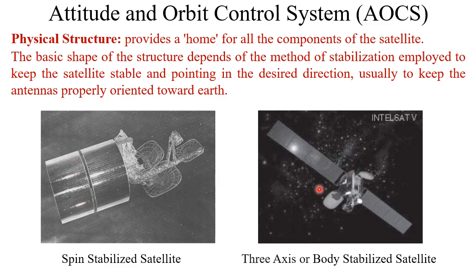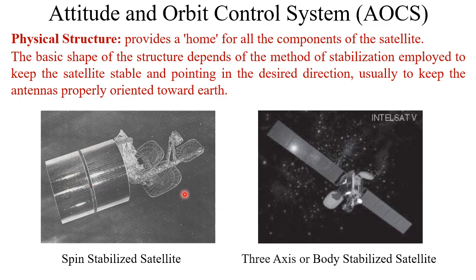But for 3-axis stabilized, we have separate housing for this particular kind of satellite. So we can have longer or larger solar panels, but here the area of the solar panel is limited.